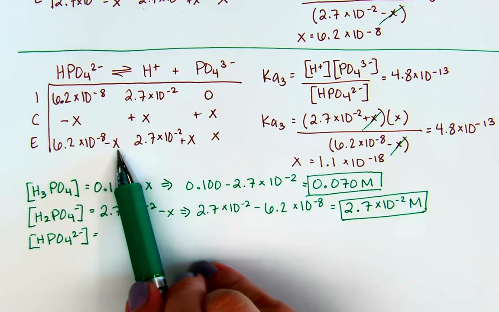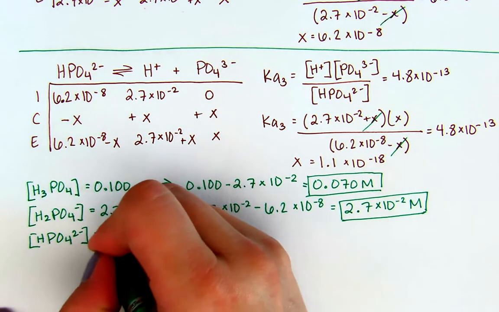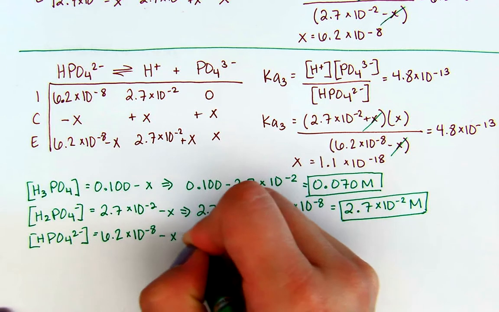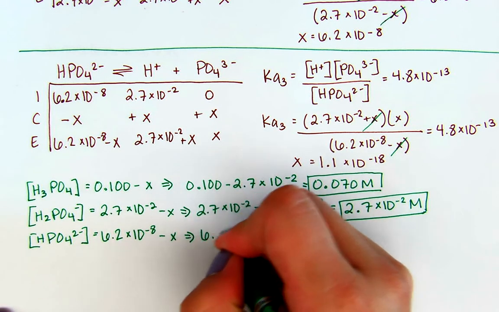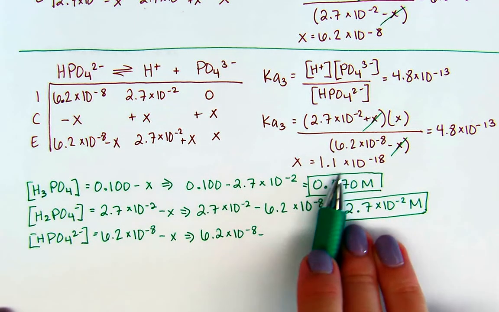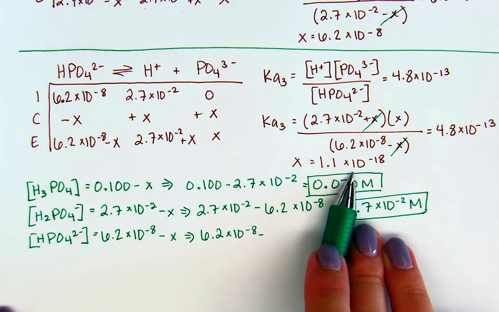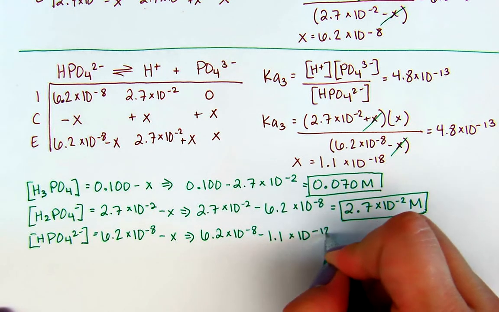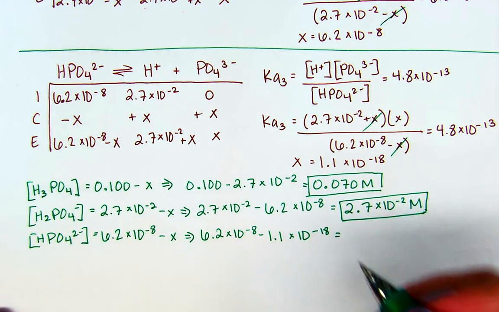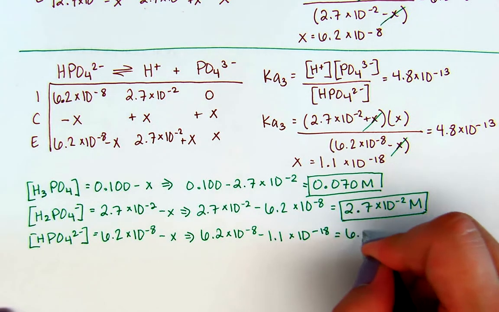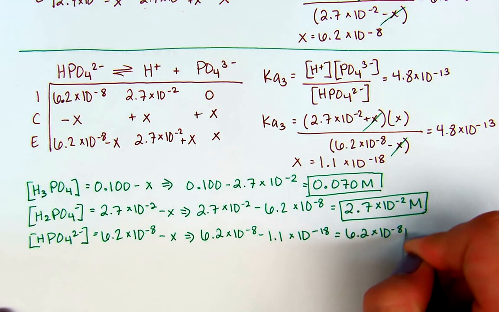So that's 6.2 times 10 to the negative 8 minus x. What was that x? That was 1.1 times 10 to the negative 18. Really, really tiny. And plugging that in, you'll see that it's still 6.2 times 10 to the negative 8 molar.